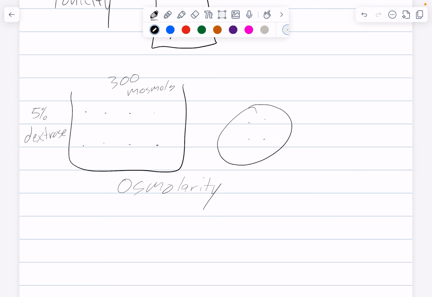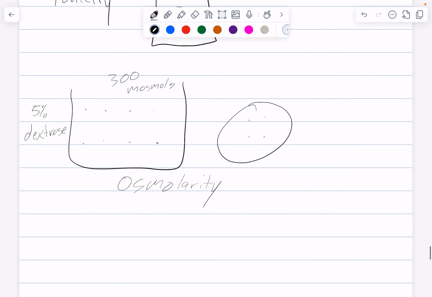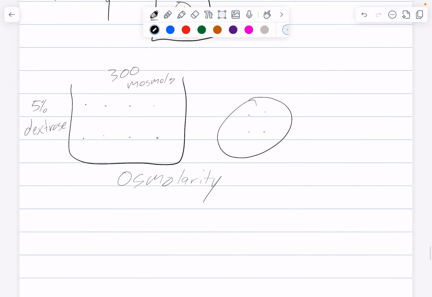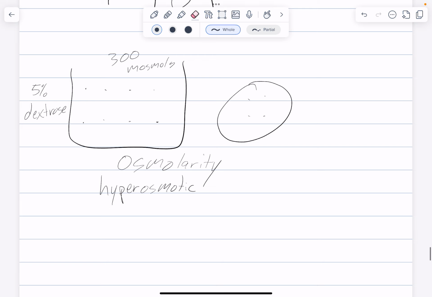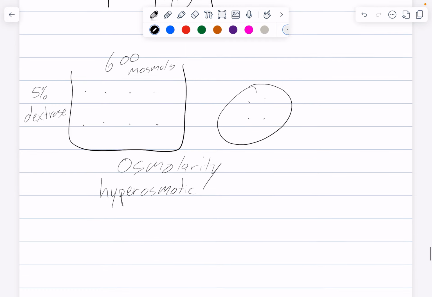And then this will make the solution hyperosmotic, because it'll have 600 milliosmoles, whereas the cell will still only have 300.